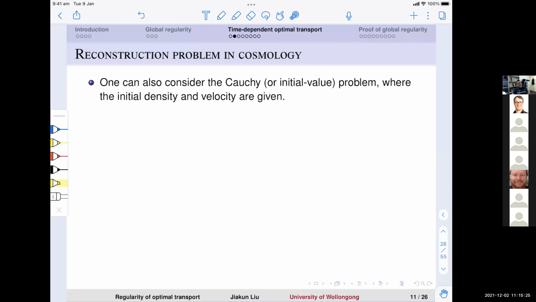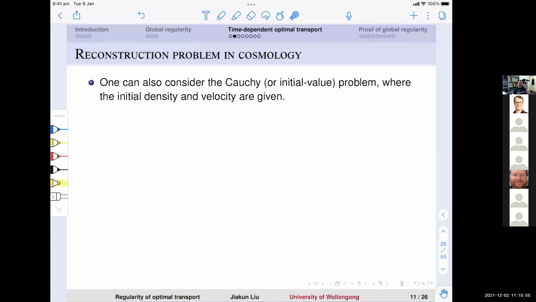And of course, you can consider a different kind of problem, which is a Cauchy problem or initial value problem. In the initial value problem, as long as we know the distribution and the velocity at the initial time, we can ask how the universe is evolving. But if you think about the Big Bang theory, it tells us the universe is coming from a singularity point.